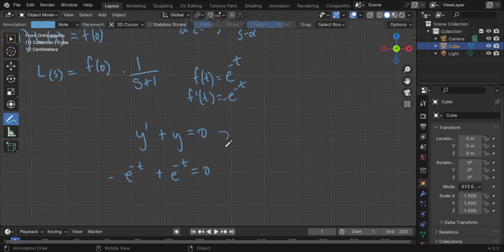So we have found a solution. E to the -t is a solution.